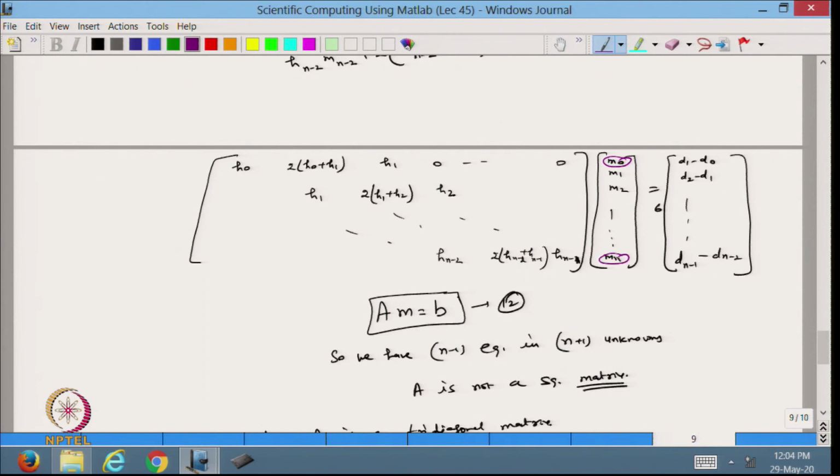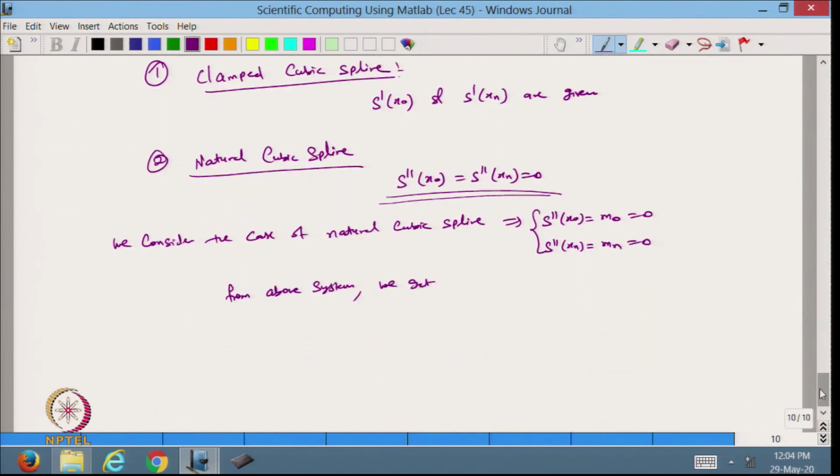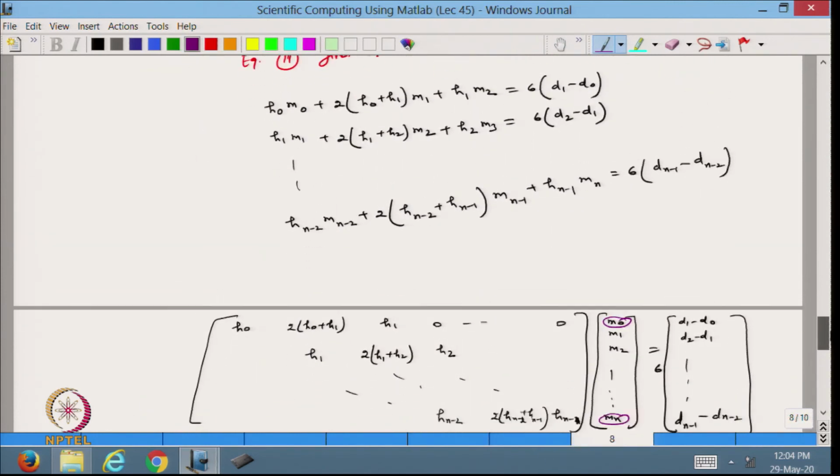So, there is no need to write these values. This m0 is multiplied by h0, so I can remove this also. This mn is multiplied by h(n-1), so I can remove this value. So, our system reduces to the reduced system given as follows. So, now we have the reduced system.